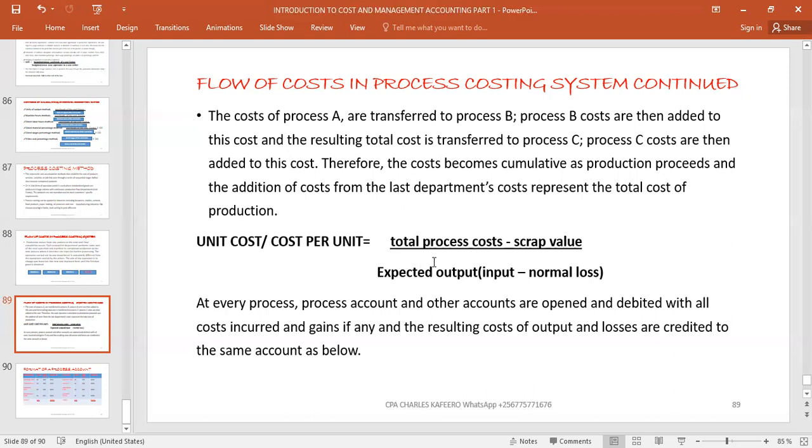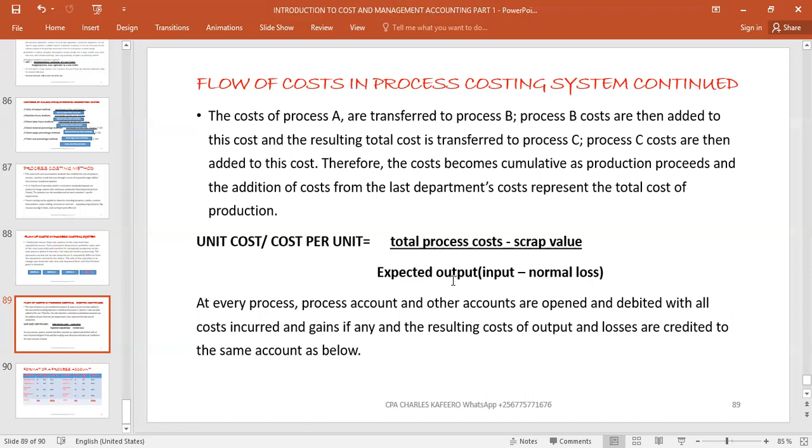To get our expected output, since what we are putting in the system is not exactly what we are supposed to get out, we expect a normal loss. So we take the input, what we are putting in the system. If, let's say, there are 10,000 units, we less the normal loss. If the normal loss is estimated to be 10% or 5%, we deduct that, and what we get will be the expected units.